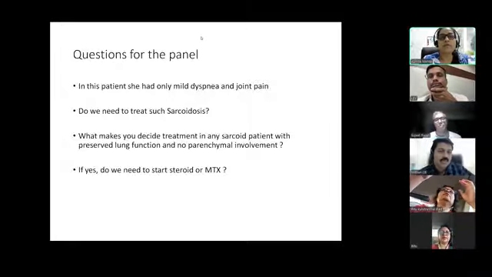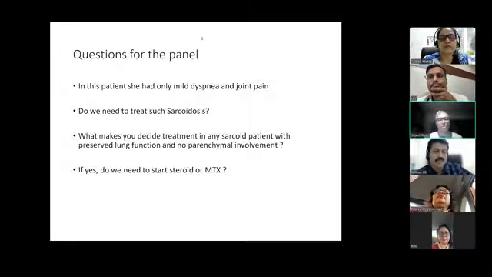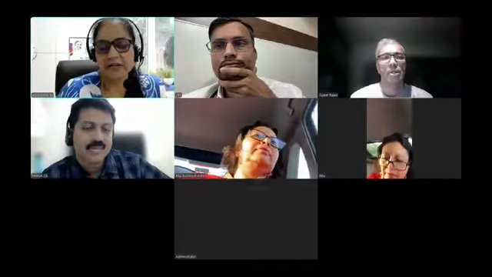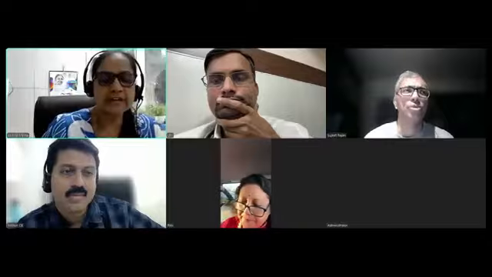I'll let Lakshmi and Prahlad go, but I have only one thing here. If her lung function was normal and assuming her DLCO was at least more than 50% predicted... DLCO was not done, sir, actually. It should be, I would imagine, more than 50% predicted. Then we wouldn't treat. But you said mild dyspnea and joint pains.